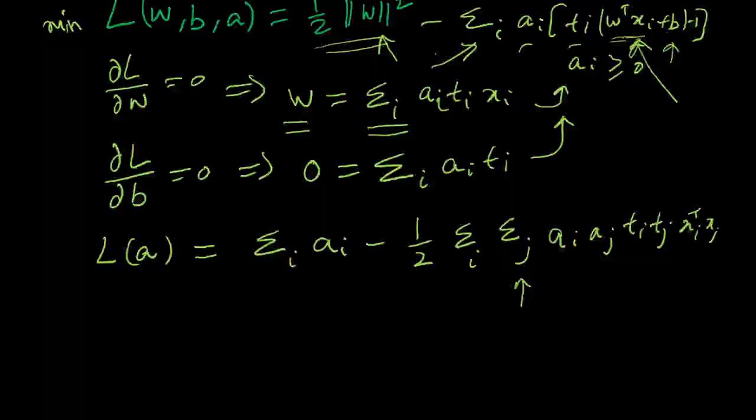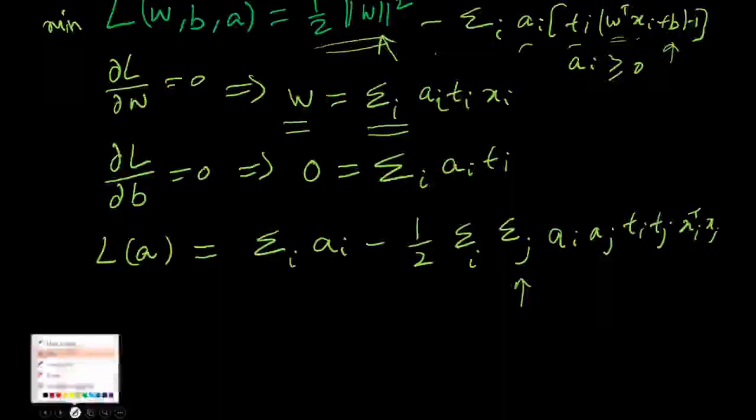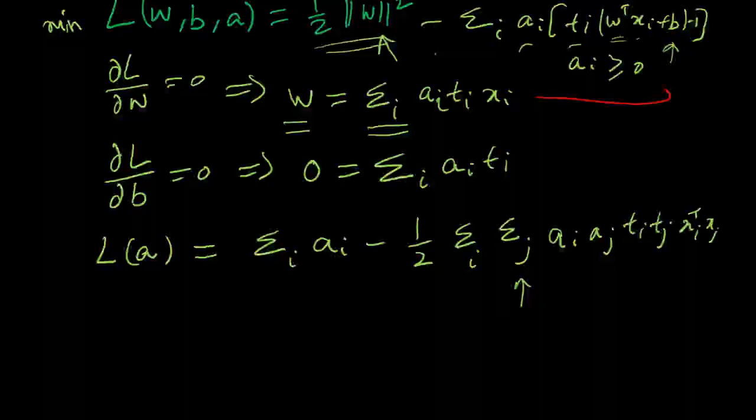It's pretty straightforward. Just make sure that when you plug the value of W here, this summation is going to become a summation over j, because it's not the same summation that you have here.